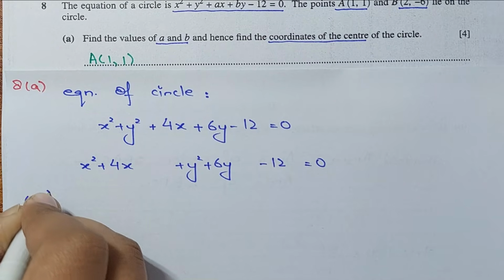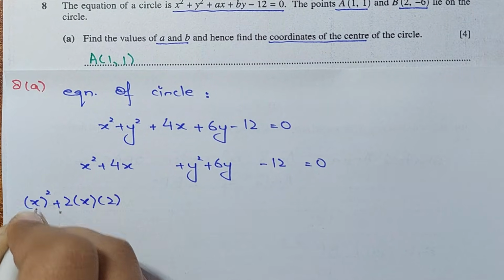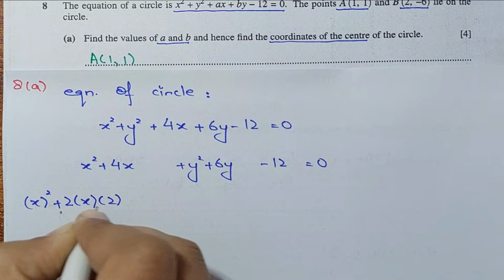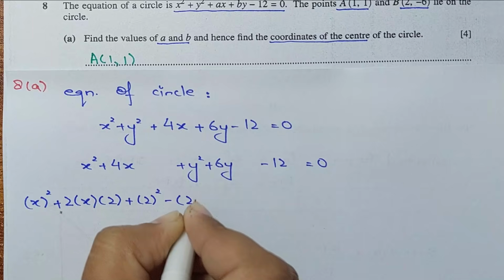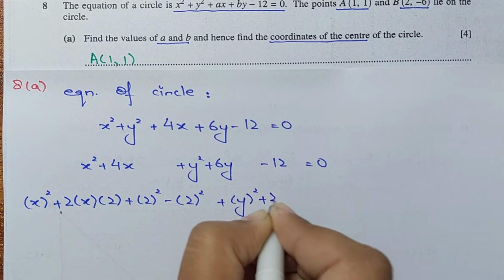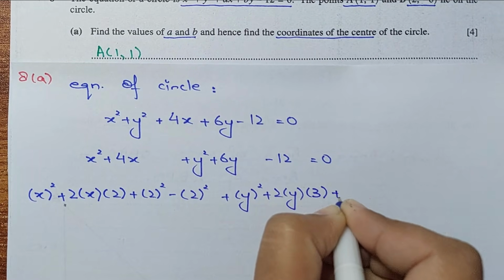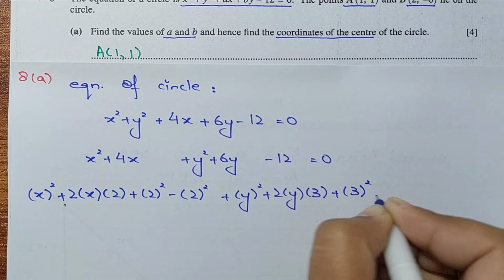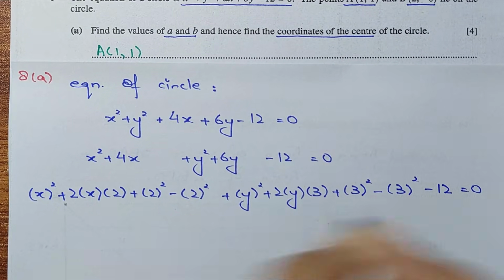We have x square plus 2 into x into 2, like a square plus 2ab, right? So 2 times 2 gives you 4. So we have to add 2 square and subtract 2 square. Now with y, we have y square plus 2 into y plus what makes 6? 3. So plus 3 square and minus 3 square. Negative 12 equals to 0.